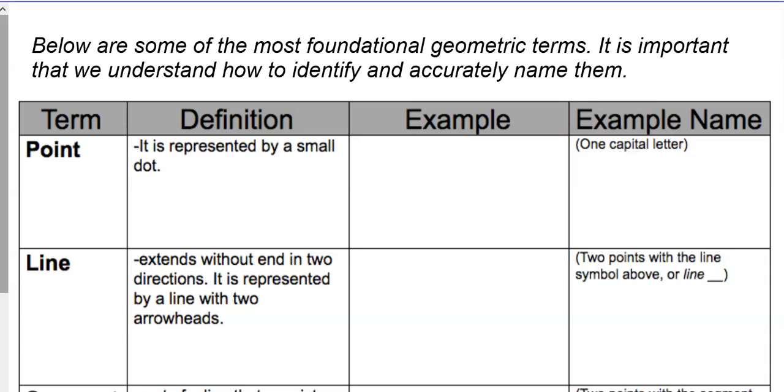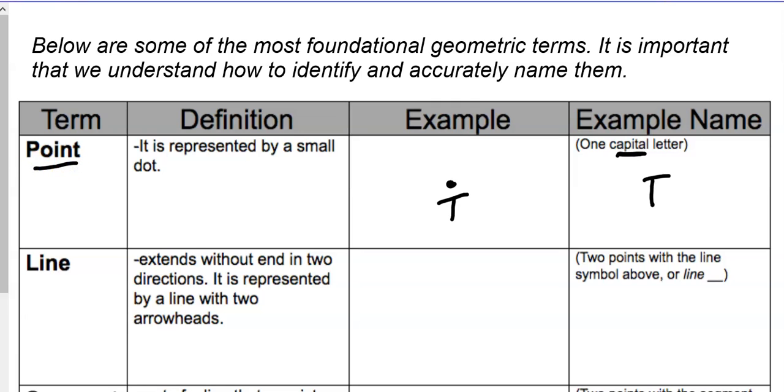Well, that could look something just like this. So there's a point, and it is represented by a capital letter. So again, capital letter here, and we literally would just say T. So if you see a capital letter in geometric examples, problems, and it just has one single capital letter, they are referring to a point.